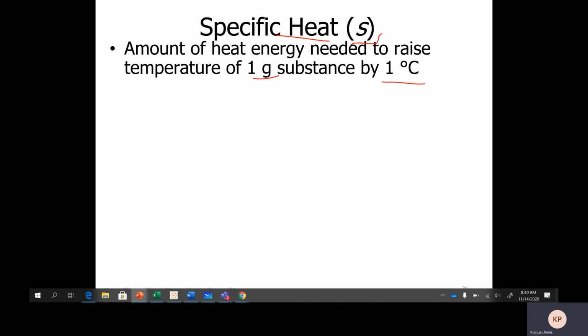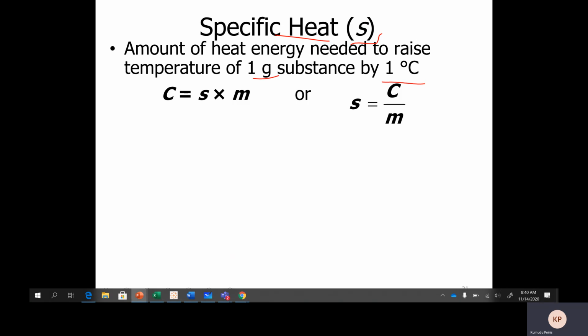It is 1 gram. So that is why we are calling this unit specific heat. The specific heat is the amount of heat energy needed to raise the temperature of 1 gram of substance by 1 degree Celsius.